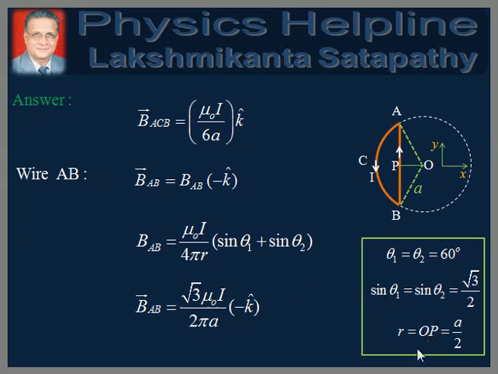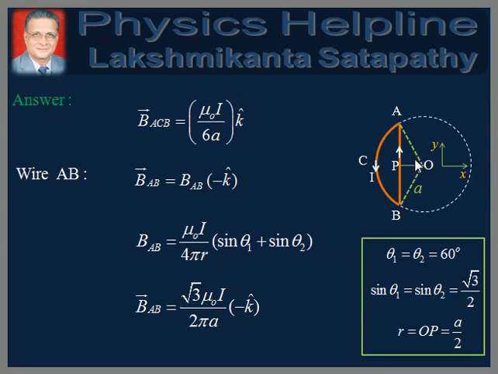Now again, we have got the r. What is this r? r is the perpendicular distance of the straight wire from the observation point O, where we want to determine the magnetic field. Now that is your OP. What is this OP? Now OP by OA is equal to cos angle POA, which is 60 degrees.